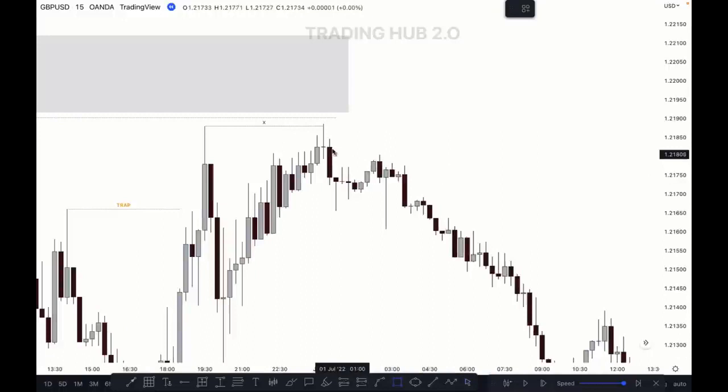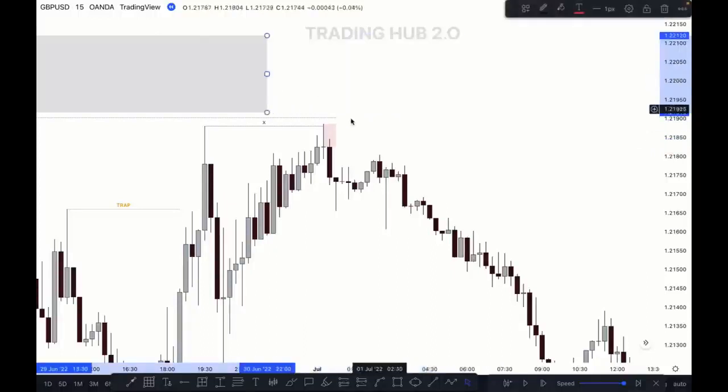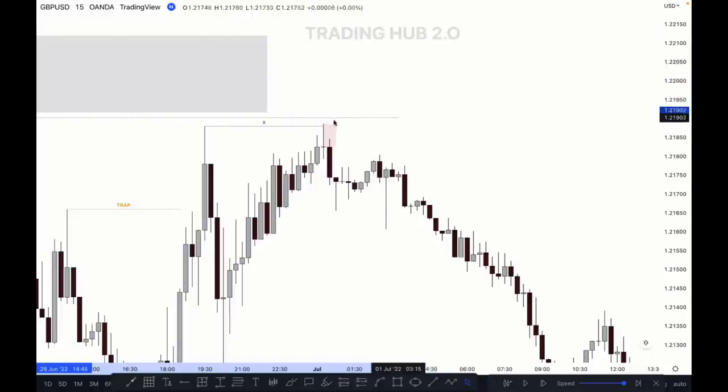Where can you sell? As I told you at the start, this candle wick. So in this zone you can sell here, and this time you don't need to mitigate this supply zone, and you don't need to wait for this engineering liquidity to be taken out, correct?